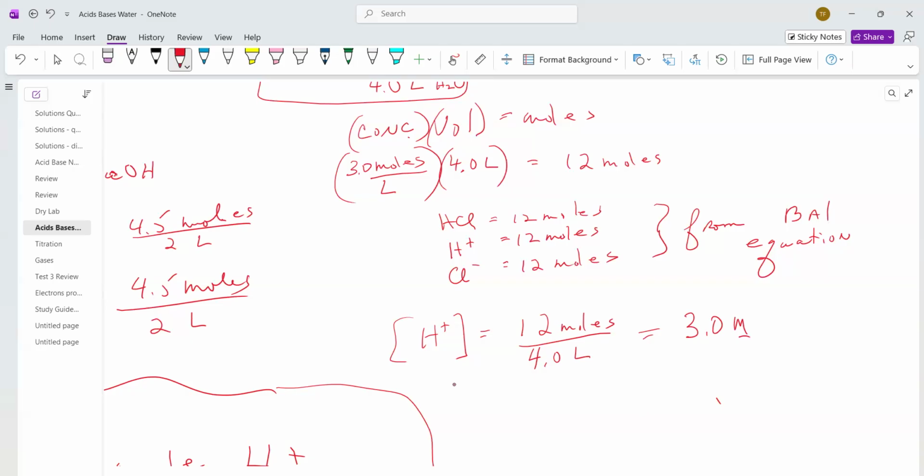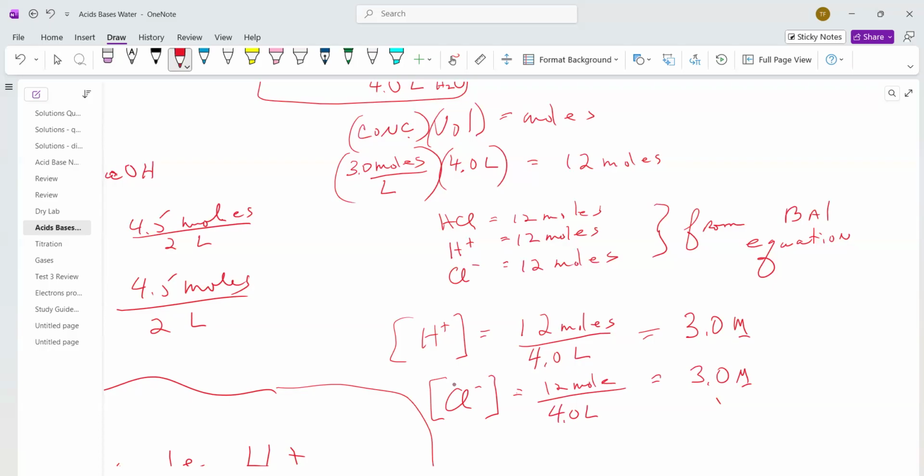So everything in the balanced equation is 1, 1, 1. And while we're at it, the concentration of chloride ion is 12/4. So the hydrogen ion concentration and the chloride concentration are both 3.